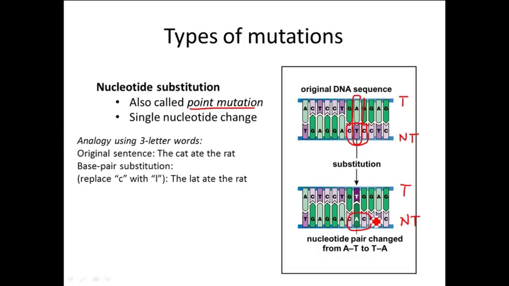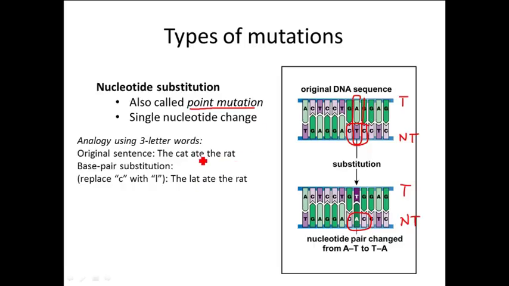So here's an analogy using a sentence composed of three-letter words. The cat ate the rat, and that makes sense, right? And we're using three-letter words because that is how the ribosome reads the mRNA, which comes from the DNA. So everything's in three-letter words.